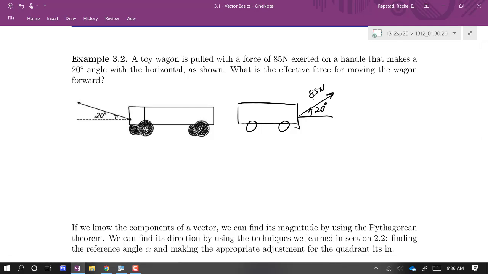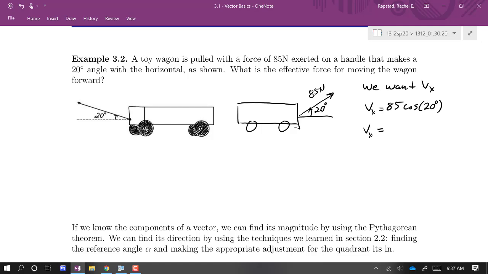So we want Vx. And we know that Vx is magnitude times cosine, so 85 newtons times cosine of 20 degrees. This will give us a positive. If we wanted to think of this as a second quadrant vector, what we would do is find the actual angle.